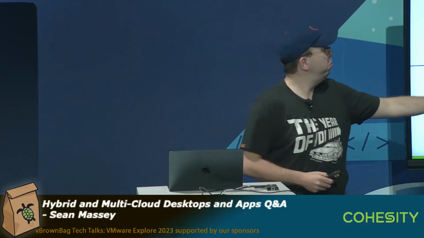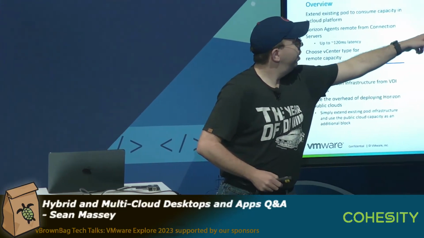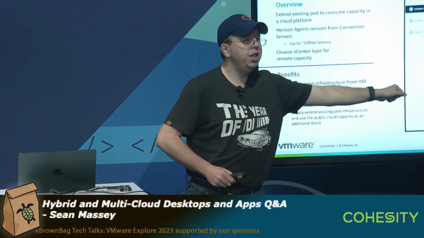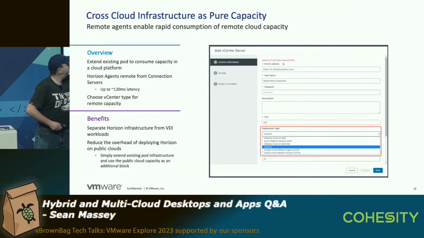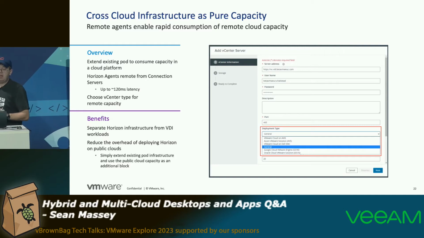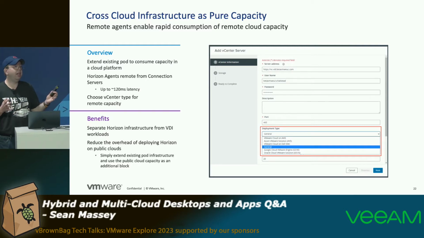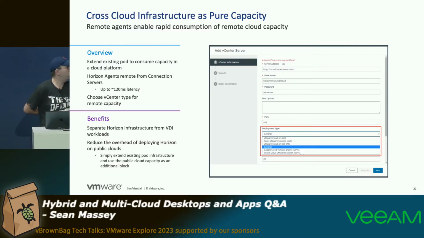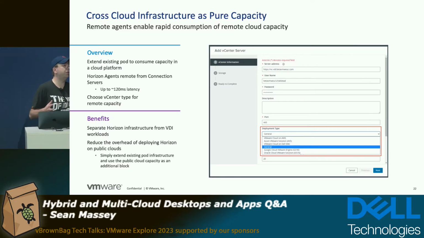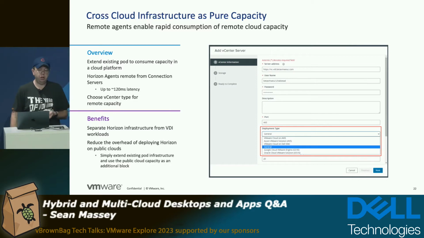But when you go to add a vCenter, you just select the type of vCenter you're using and the URL to it, and it's that simple to connect a remote vCenter, and it works fairly well. And then you just get another resource block, even if it's remote to your location.